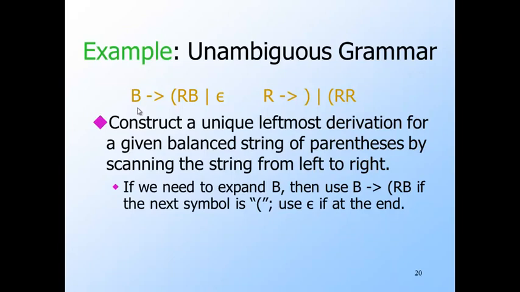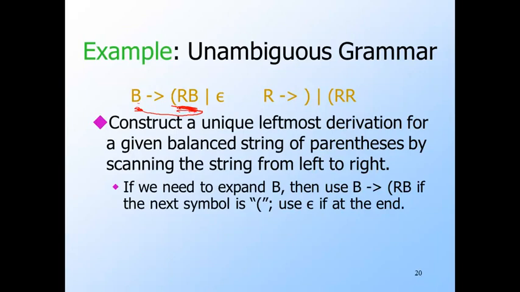That is, this b can only go to a string that has a b in it, and the only way a b can appear is if it was either the start symbol or it was the result of replacing this b at the end by the paren rb in that production. Thus, an easy induction on the number of times this production is applied shows that the b is still at the right end.